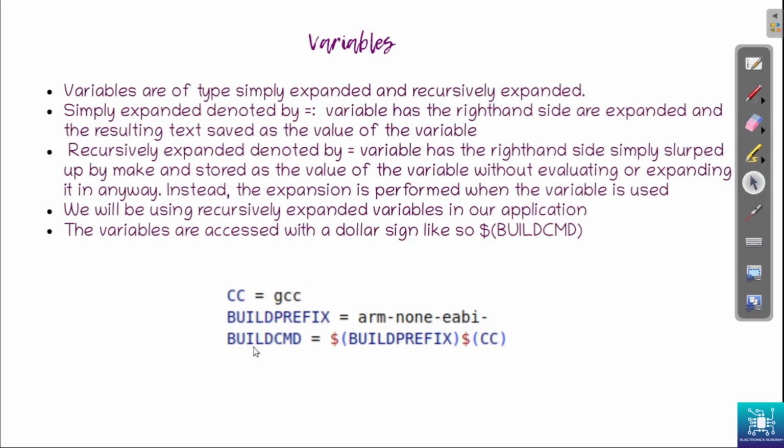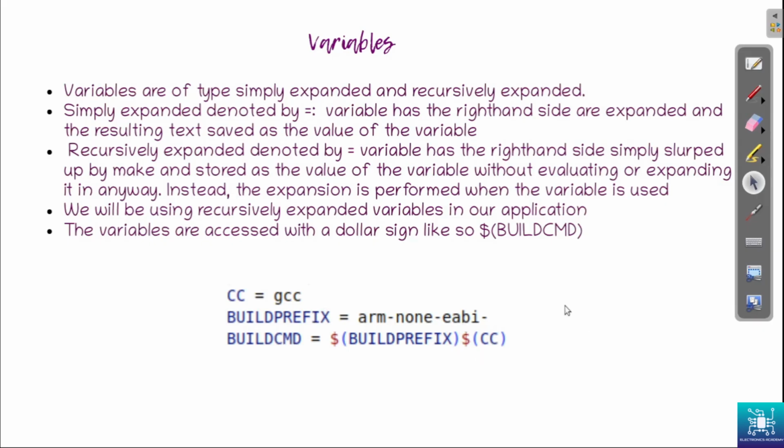Similar to this, if you want to use these variables again, you have to put a $, so you have $(BUILD_PREFIX), $(CC), and so on. So this one means build command equal to build prefix, which is arm-none-eabi-, and $(CC), which is gcc.